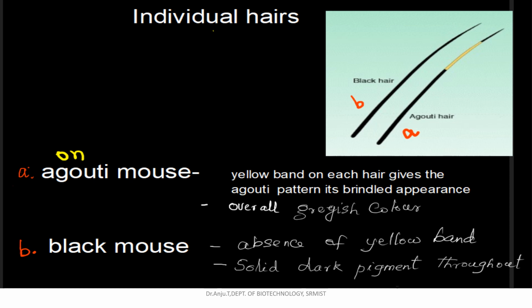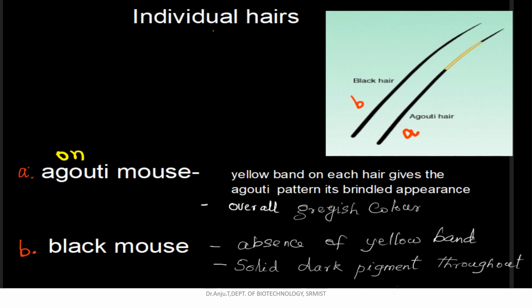The agouti hair has a black pigment, but a small yellow band is found. So the yellow band on this black hair gives a brindled appearance. So overall, the fur coat color of this agouti mouse will be grayish.